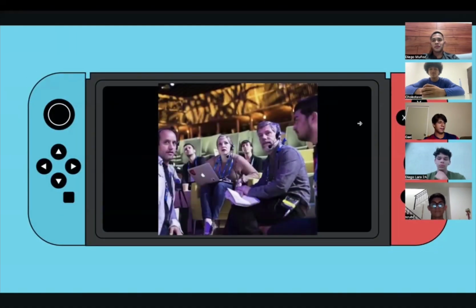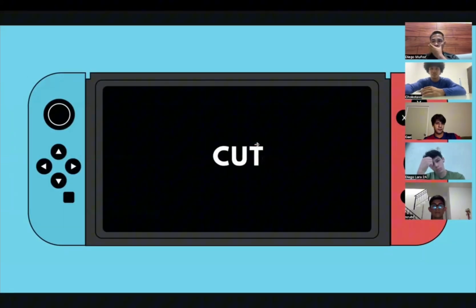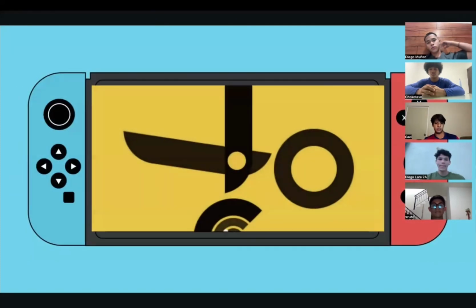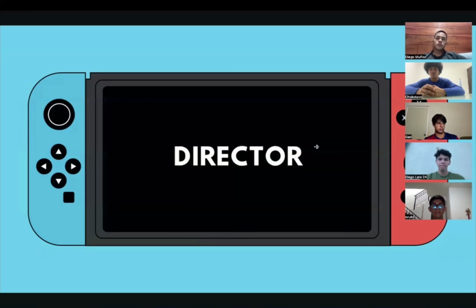The director is the person in charge of how a film or show is made. Cut. We use cut when we are going to stop or edit a scene in the film. The director is the person who is in charge of the film or a show.